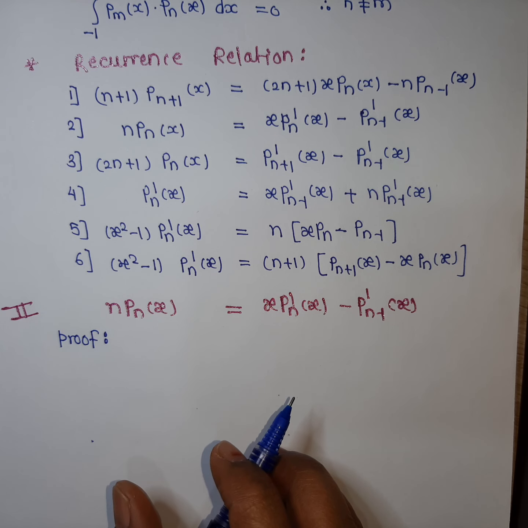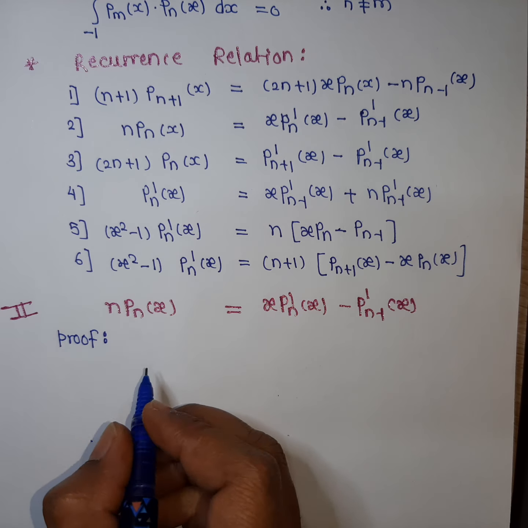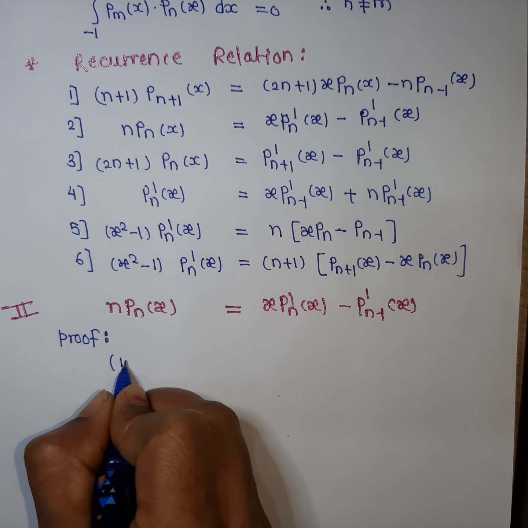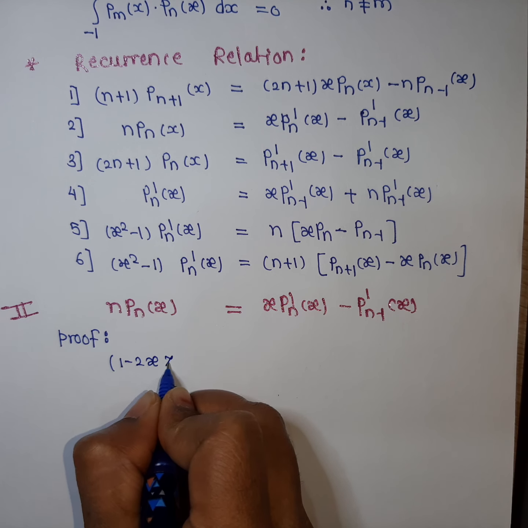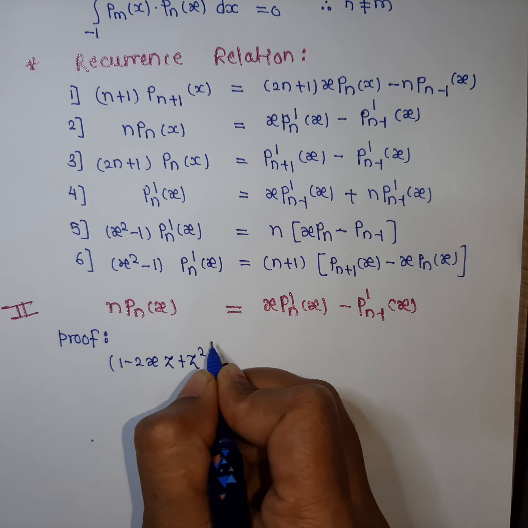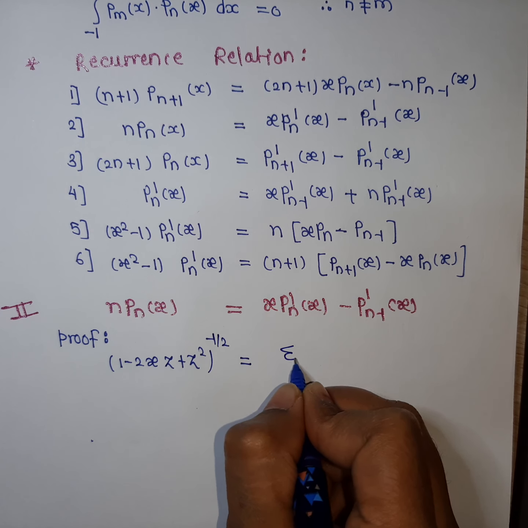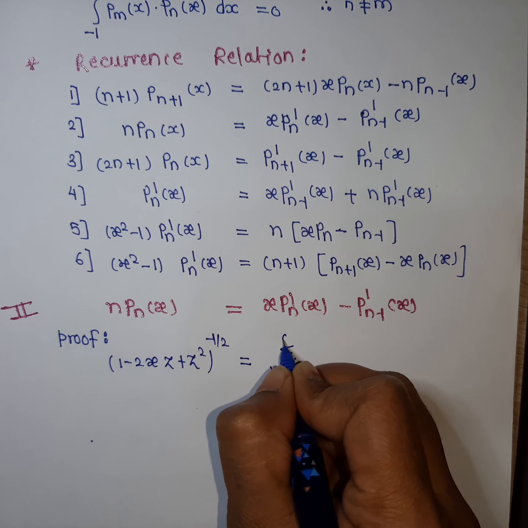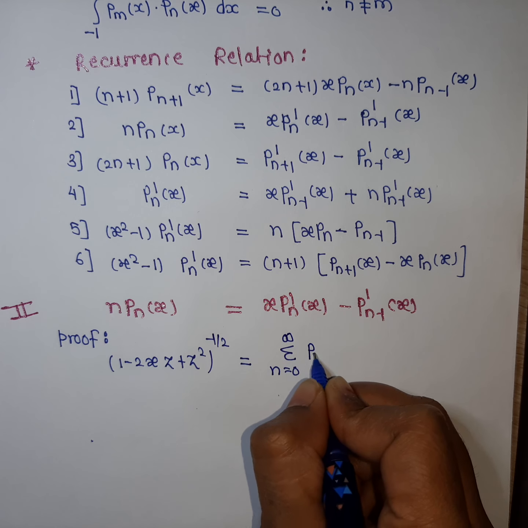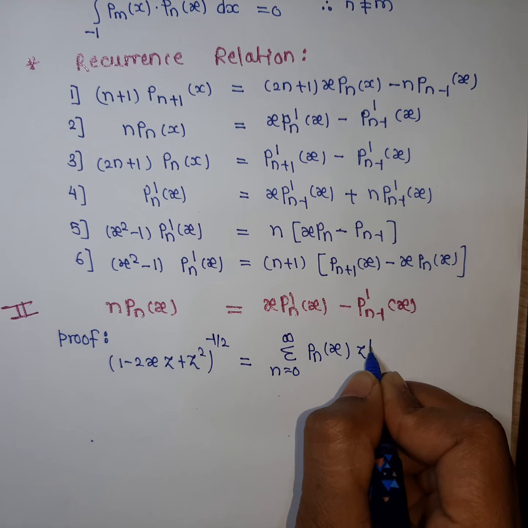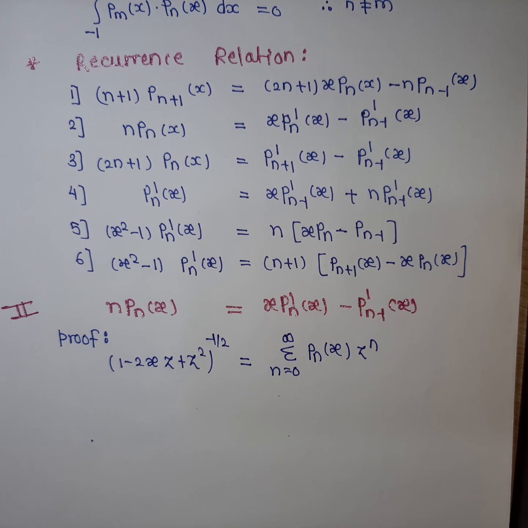We know the generating function for the Legendre polynomial is (1 minus 2xz plus z square) whole power minus 1 by 2 is equal to summation over n equals 0 to infinity Pn of x z power n. Right?